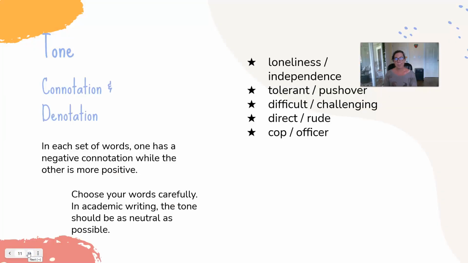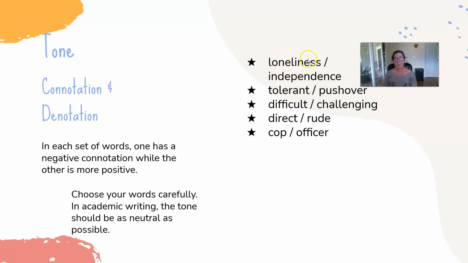So when we're thinking about style, we have to think about tone. So we have to think about word choice, because words can have emotions associated with them. So with an academic style, we want to be as neutral as possible.